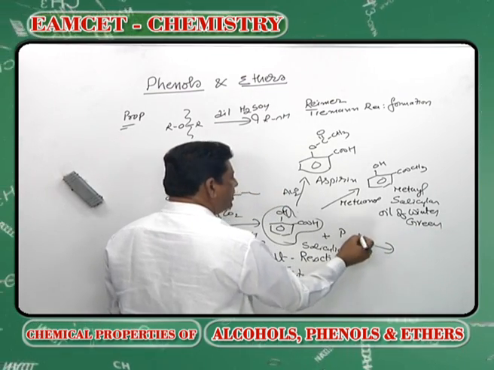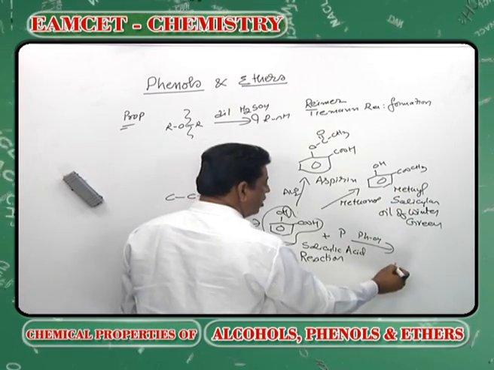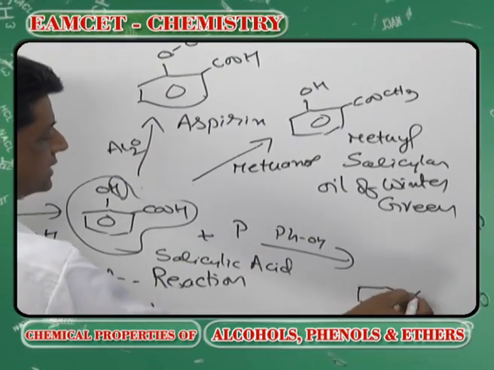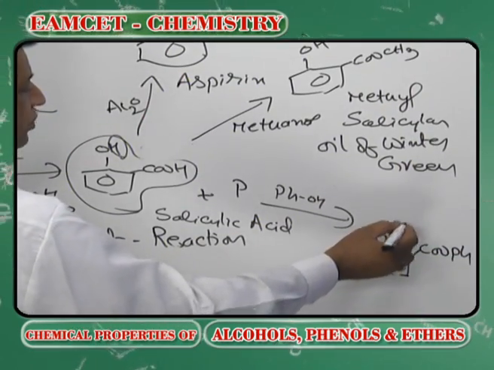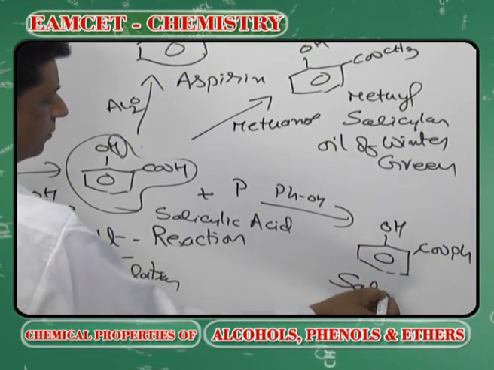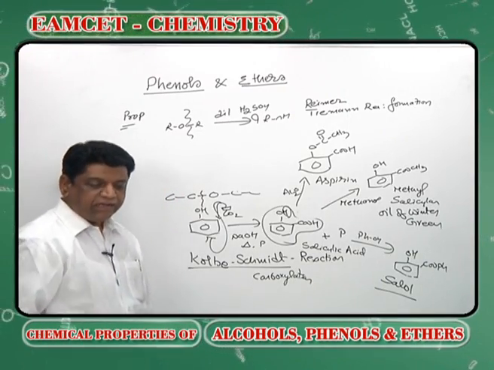Similarly, when it is treated with phenol, the methanol becomes a phenol now. That is called salol, COO phenyl. This OH is free. This is known as salol. So salol is phenyl salicylate.